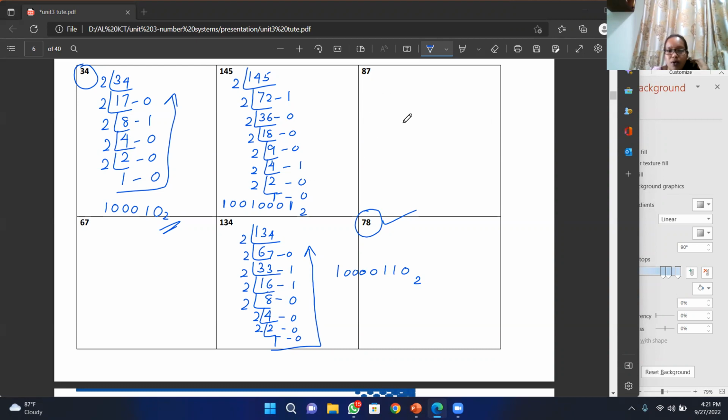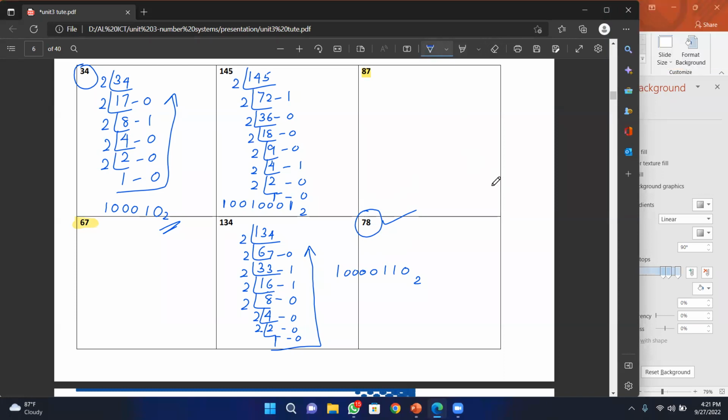So the rest I'm not going to do in the class. The method you know now, right? So complete the others. I will mark this 87, 67. Just try those as homework. Dilumi, did you finish? Yes, teacher. Right.